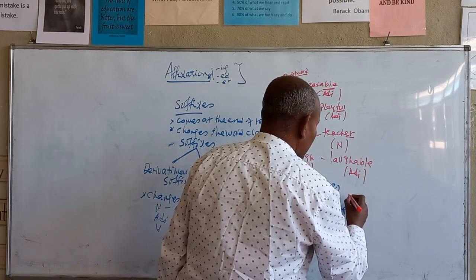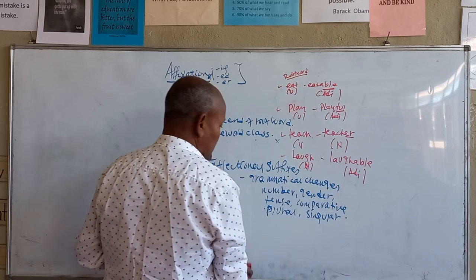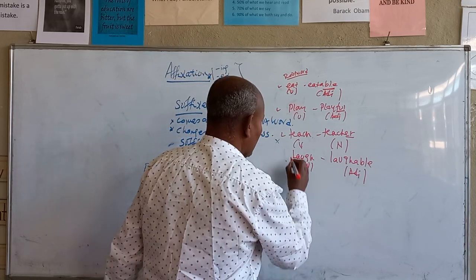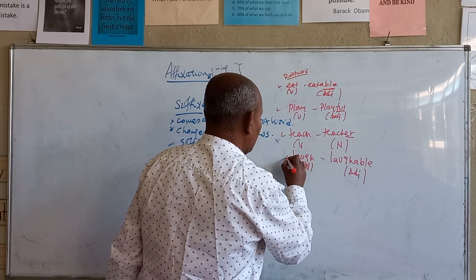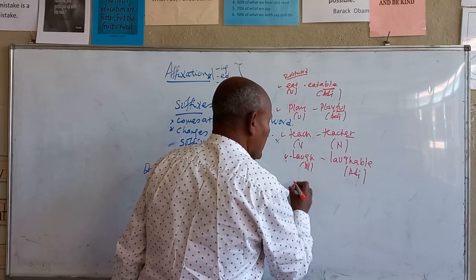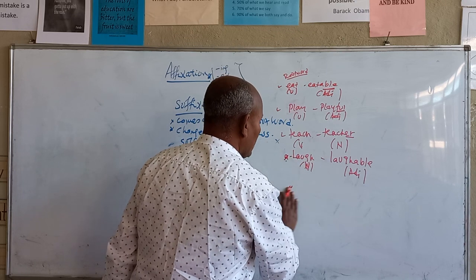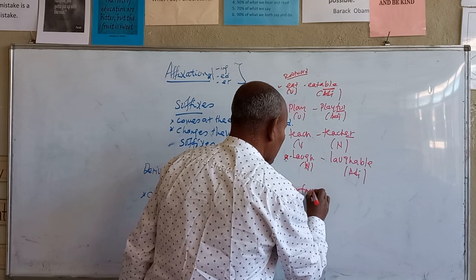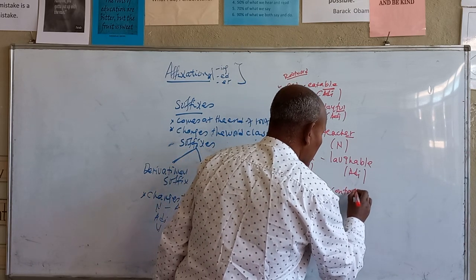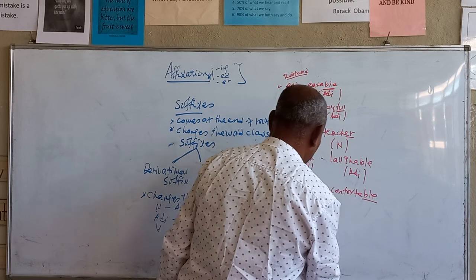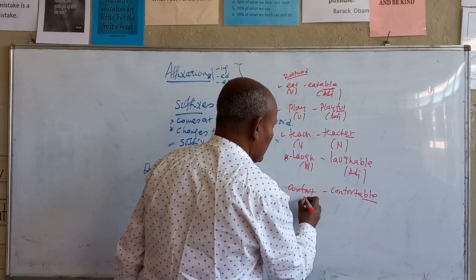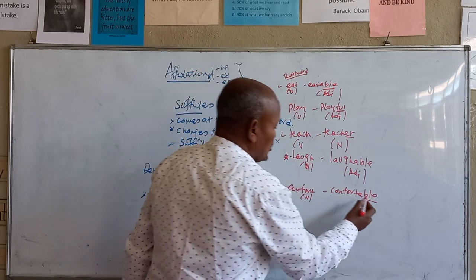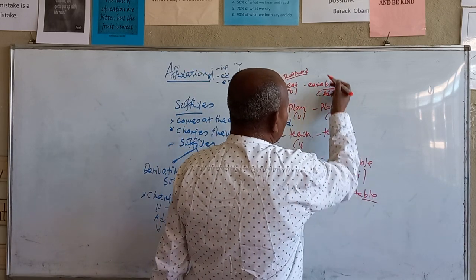And the other part here is enjoy, and comfortable, ible, which is comfort, a noun, and this one is an adjective. Look at the suffixes here. Look at the suffix.